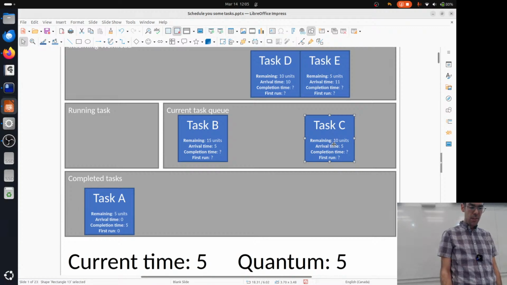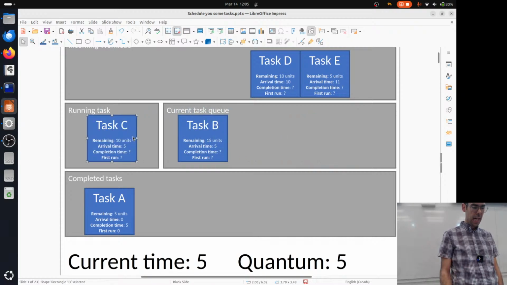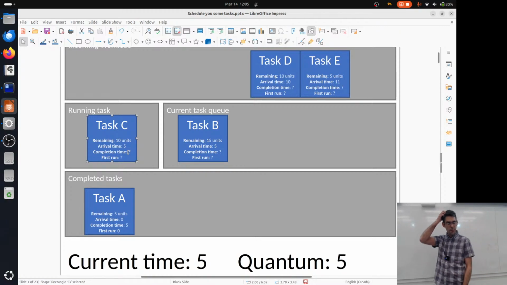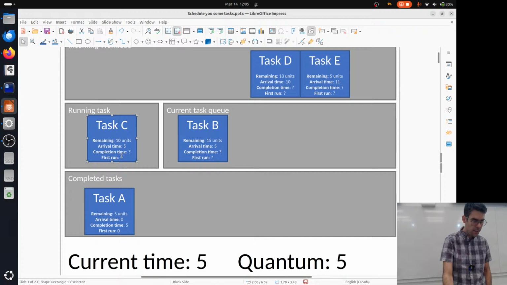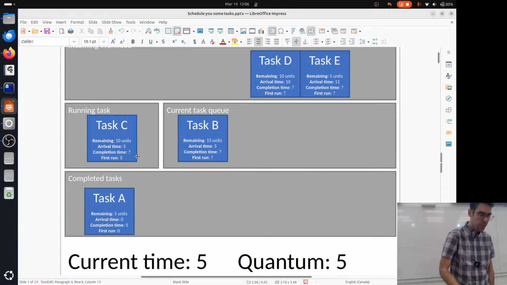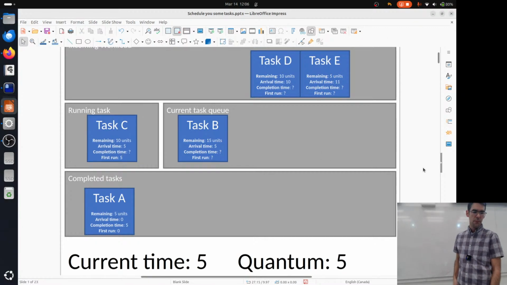Task C here has 10 units, task B has 15 units, and because it has a smaller amount of time, we're going to put task C on the processor at time 5. So its first run time, we're going to record this as 5, and task B is going to get stuck on our task queue.